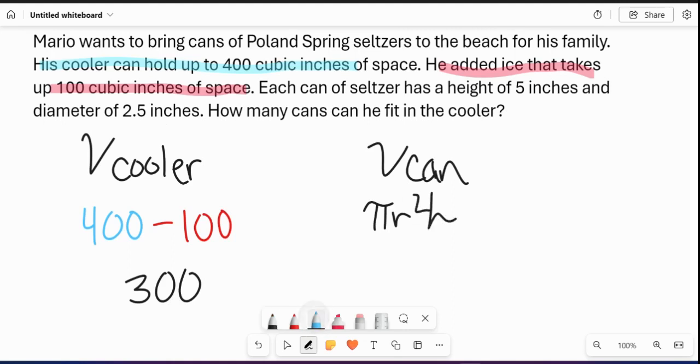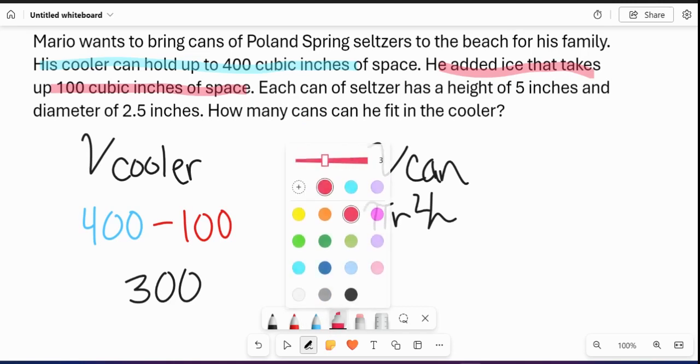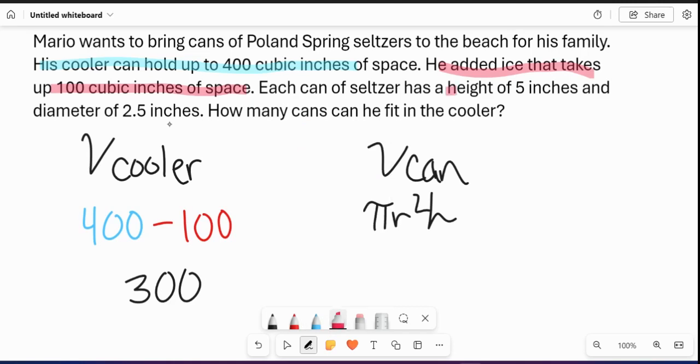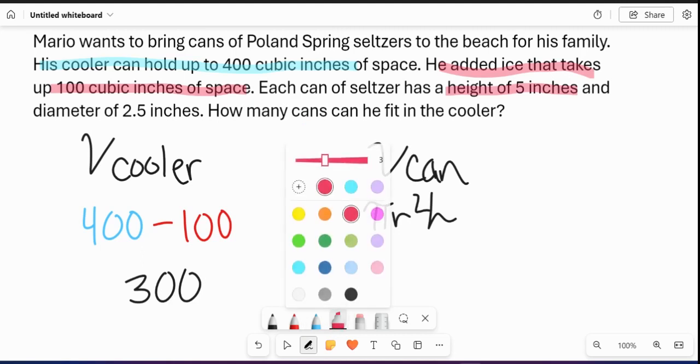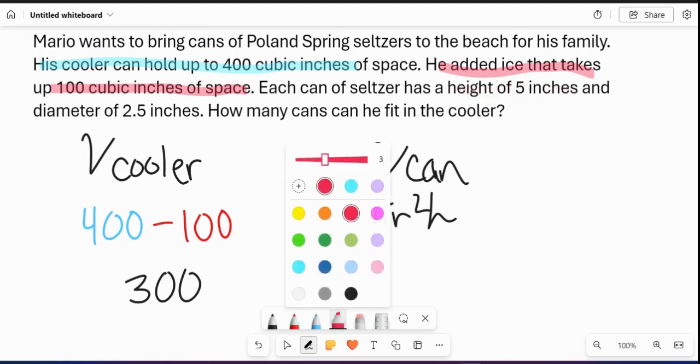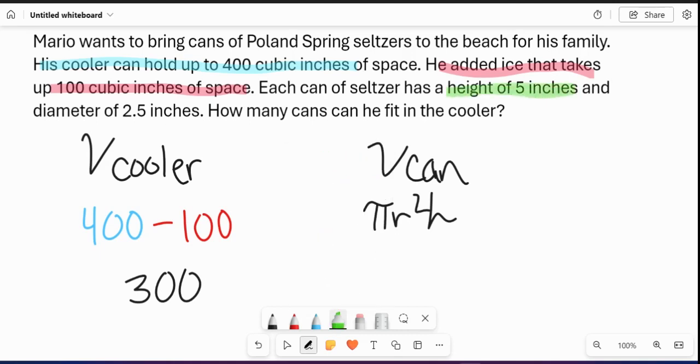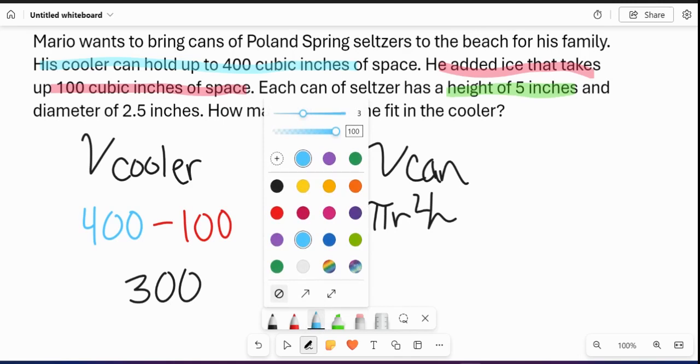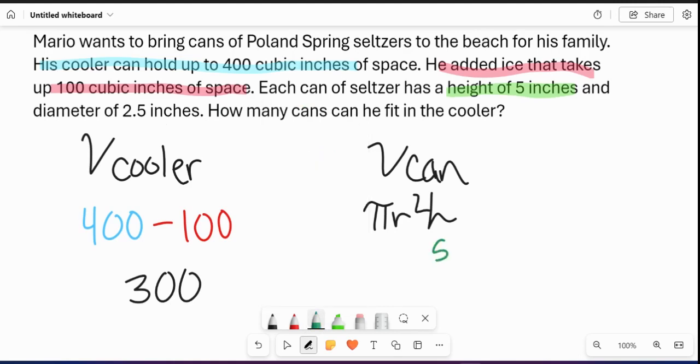Now, they tell me the height is 5. The height is 5. So that means 5 goes in here, right?